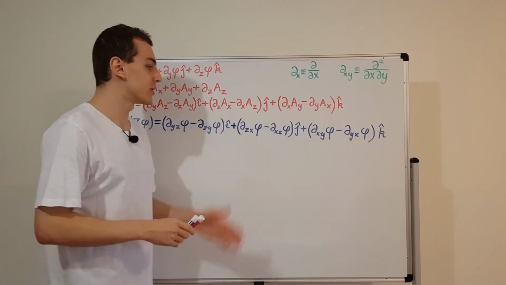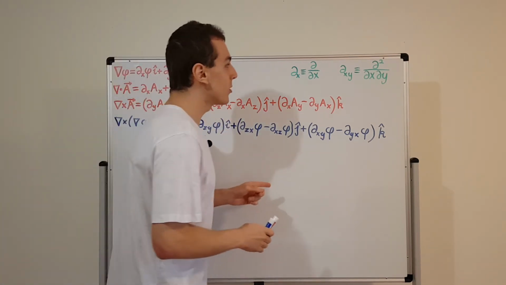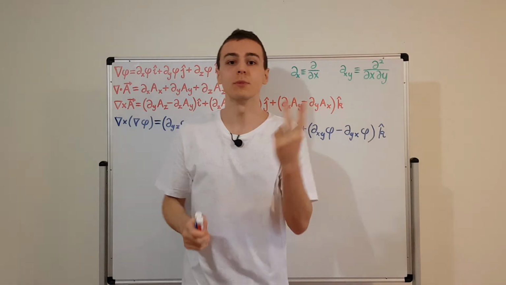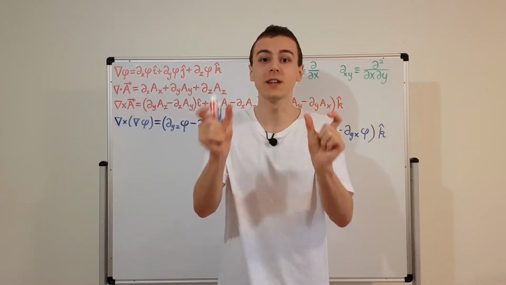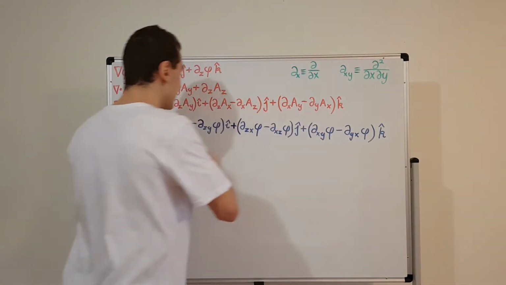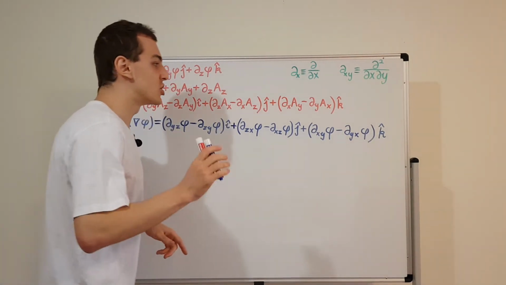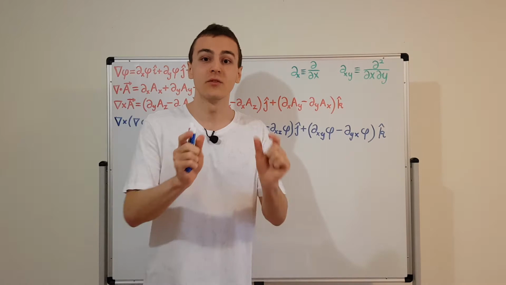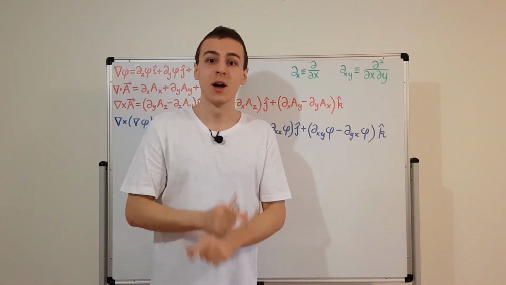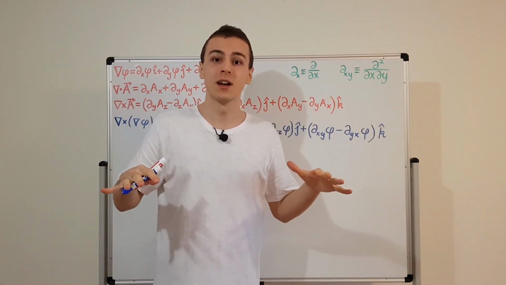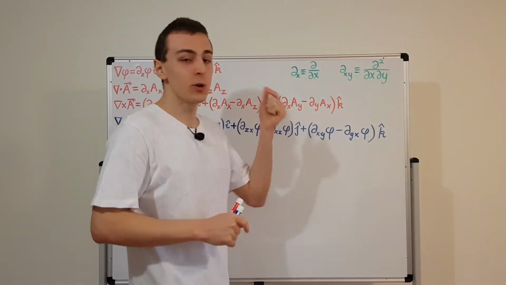When are they all equal to 0? Well, they're only equal to 0 if differentiation is commutative. If we can swap the order of these derivatives, then we can set all of these guys equal to 0. Are we allowed to do that? In general, you can run into problems if you swap the order of derivatives. But for nice continuous functions, this actually works. You can swap the order of the derivatives.